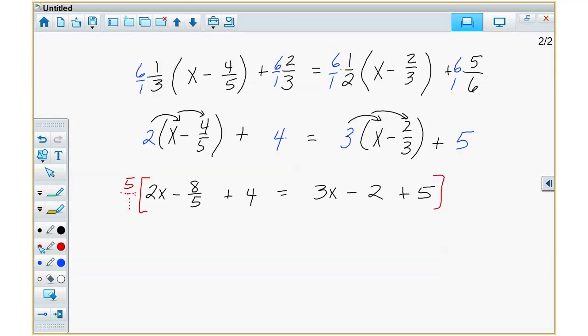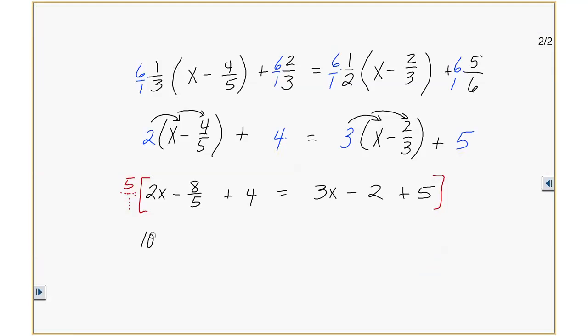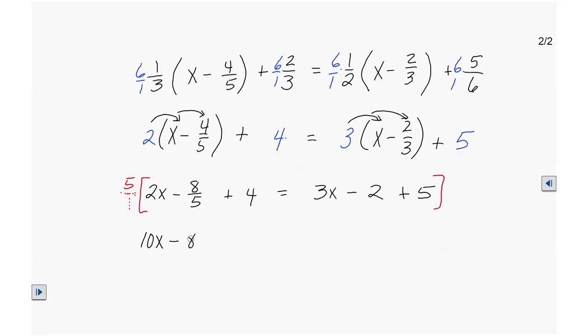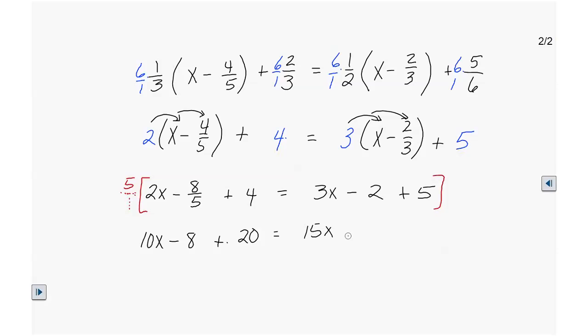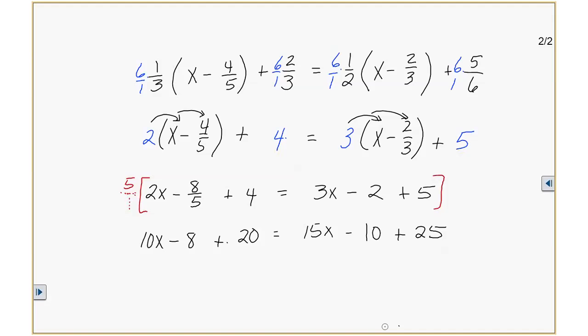And that's going to give me what? 10x minus 8 plus what? 20 is equal to 15x minus 6 plus what? 25. And now you've got a regular problem.